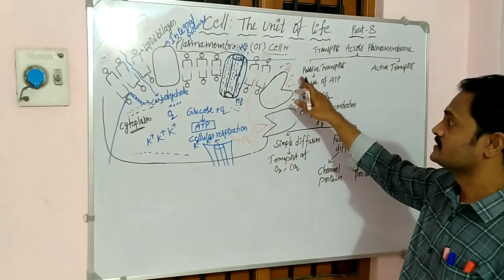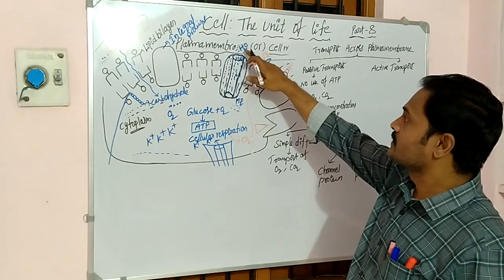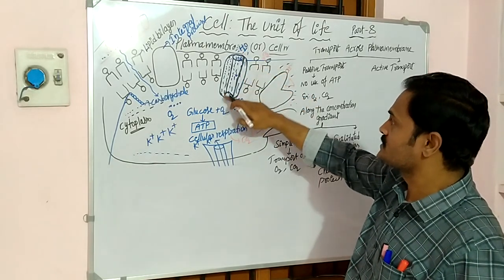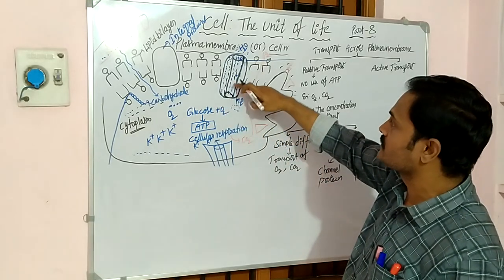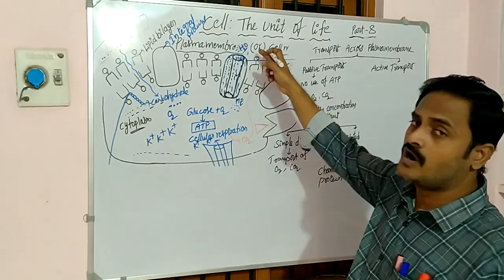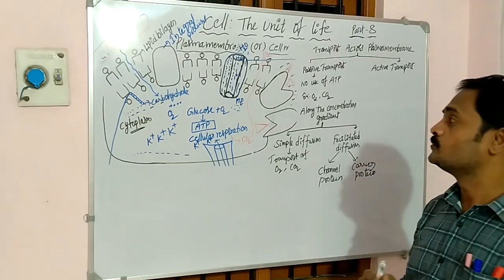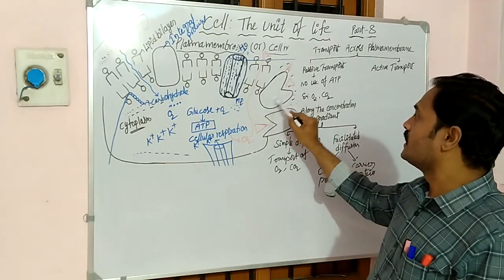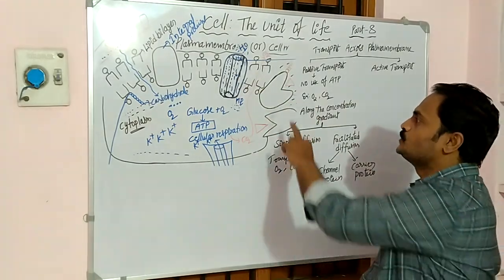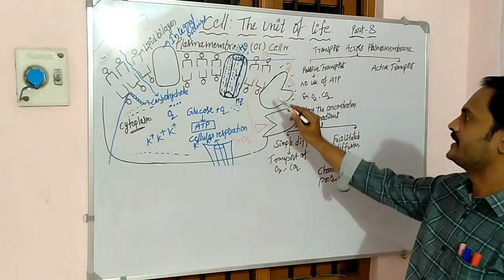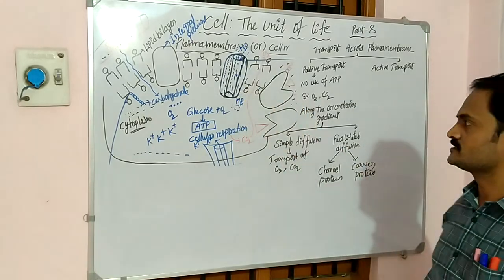Here also water enters into the cell through the channel protein, and again water comes out from the cell to the outside. So the substances are moving through proteins. Which types? Two types: carrier protein and channel protein.